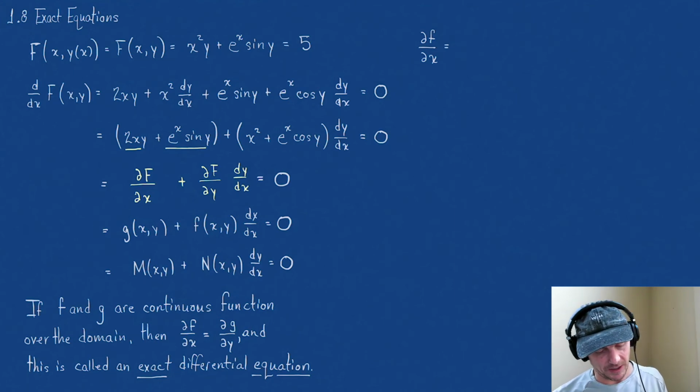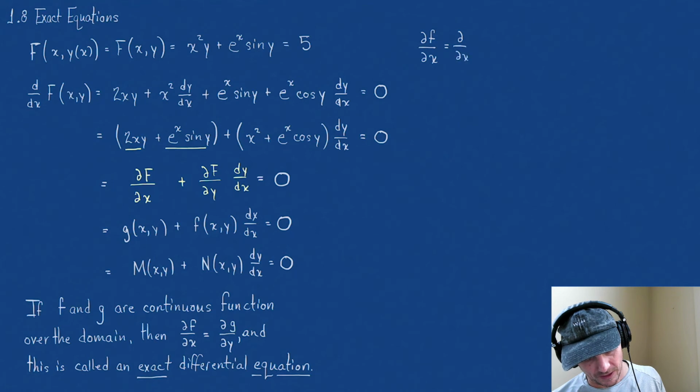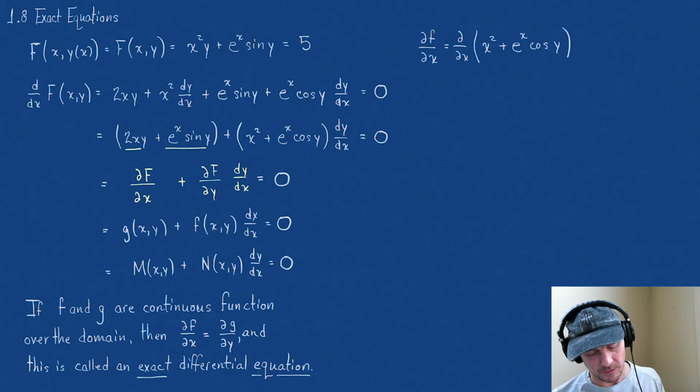So we're taking the partial with respect to x of x squared plus e to the x cosine of y. Well, remember what that means is y is a constant, so this is going to be 2x plus e to the x, because that's its derivative, cosine of y.